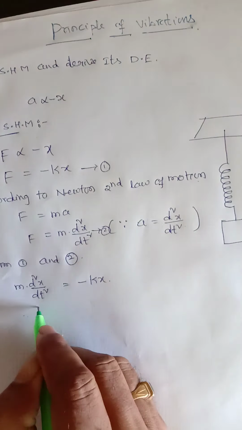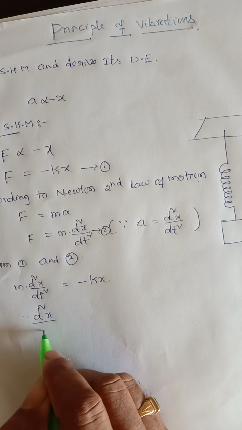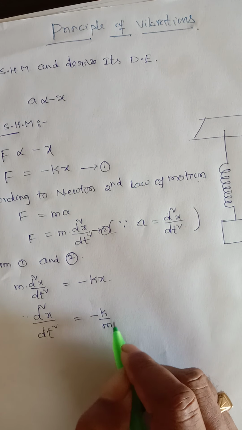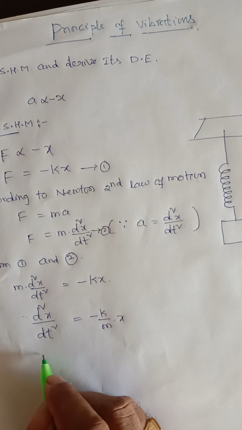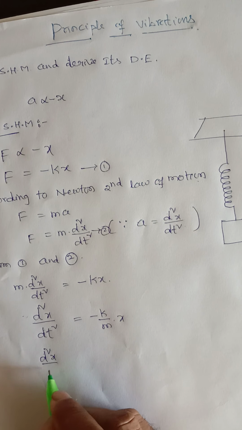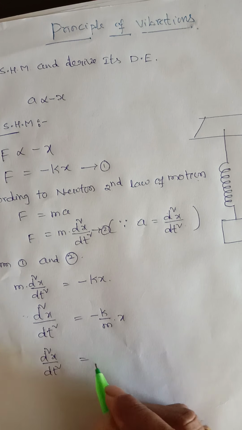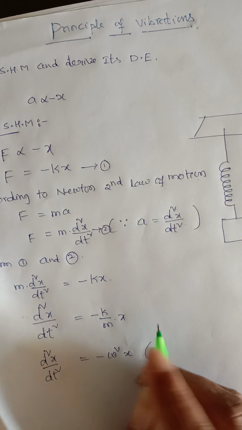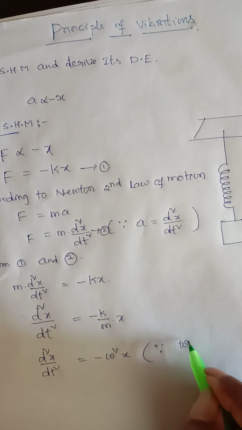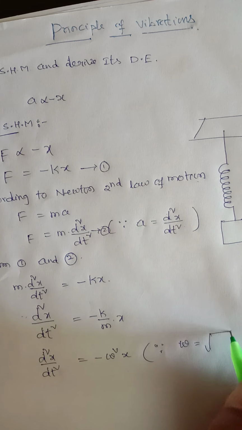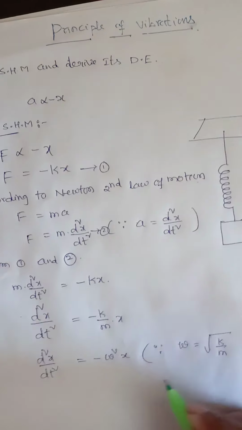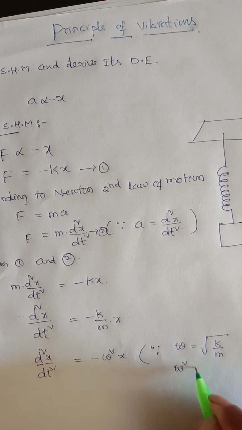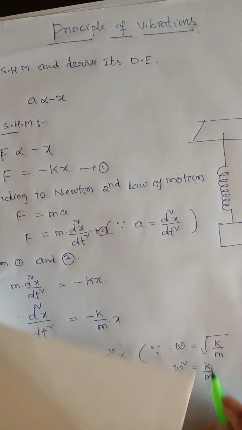So d square x by dt square equals minus k by m into x, which is minus omega square x, where omega equals square root of k by m, so omega square equals k by m.